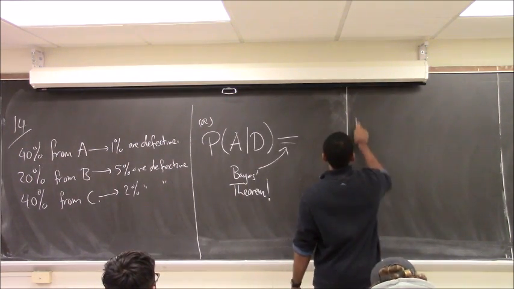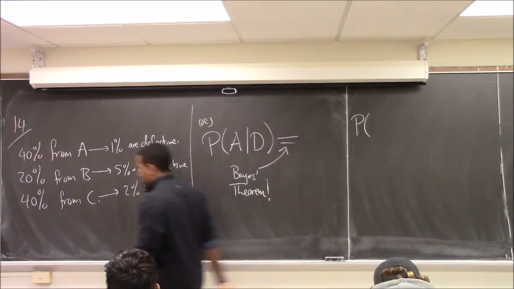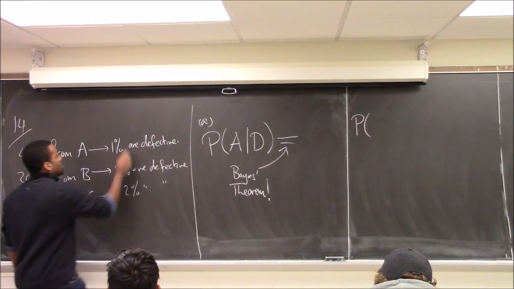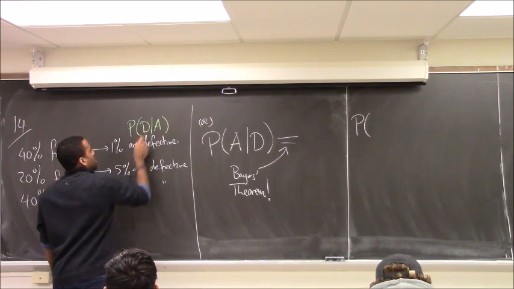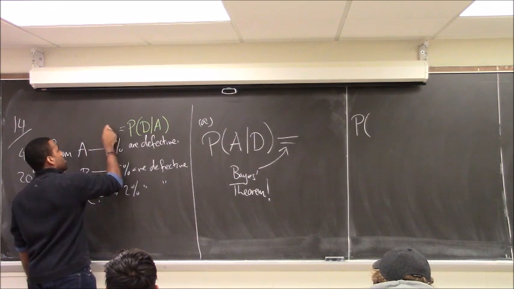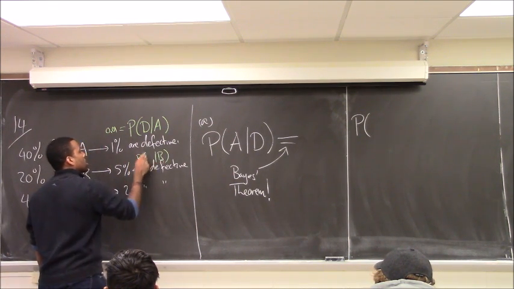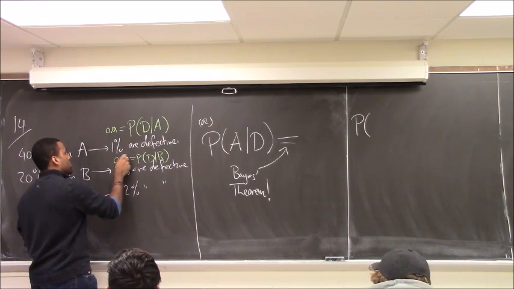Notice the probabilities that we were given. If it comes from A, there's a 1% chance it's going to be defective. If it came from B, the probability it's defective given that it came from B is a 5% chance.